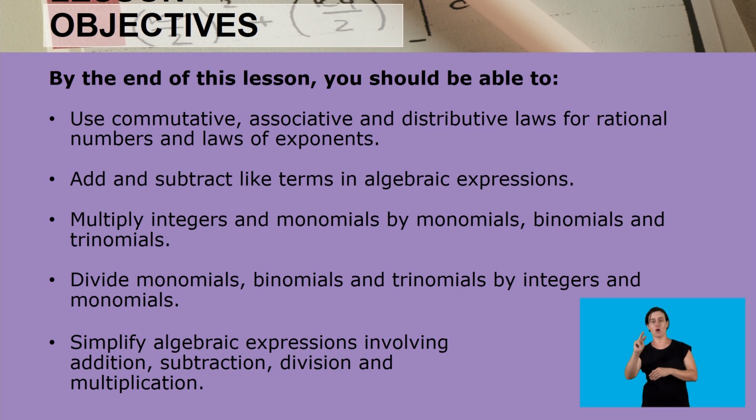Divide monomials, binomials, and trinomials by integers and monomials. Simplify algebraic expressions involving addition, subtraction, division, and multiplication. So that is what you should know by the end of this lesson.